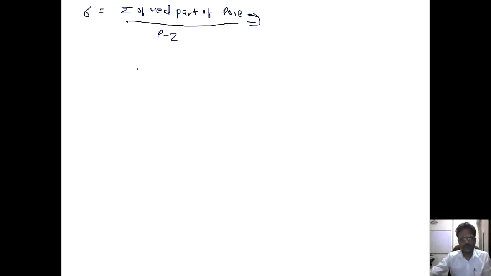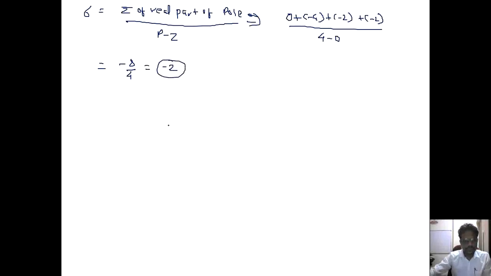So summation of real part of pole will be 0 plus minus 4 plus minus 2 plus minus 2, minus summation of real part of 0 that we don't have, divided by p minus z, that is 4 minus 0, 4. So calculate this, minus 4 minus 2 minus 2, minus 8, minus 8 by 4, so you will get minus 2. So we got sigma as minus 2.